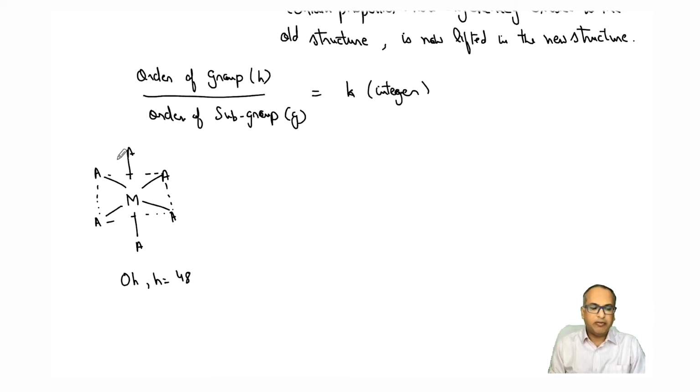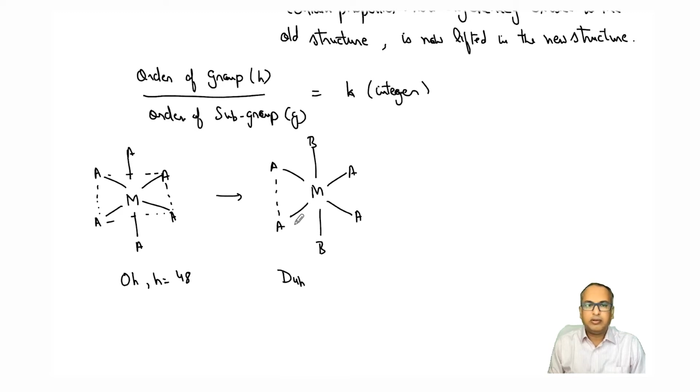Let us now say that we substitute these two atoms, A is replaced with B. There is some reaction which does that. So what do we get? We get this. Now what is the point group of this? This will be D4h. I'm not drawing the wedged projections and all, but it should be clear how the atoms are arranged.